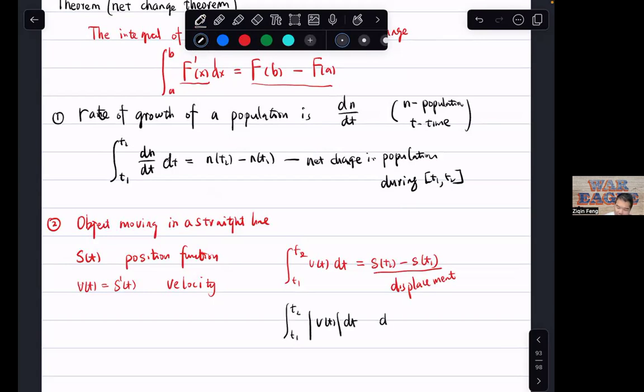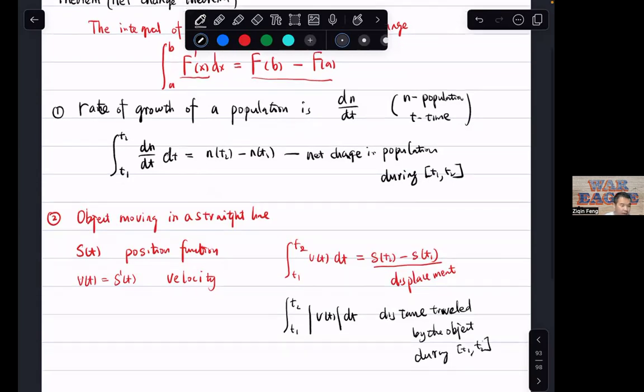That's the distance traveled by the object during the interval from t1 to t2. That's how we calculate it.